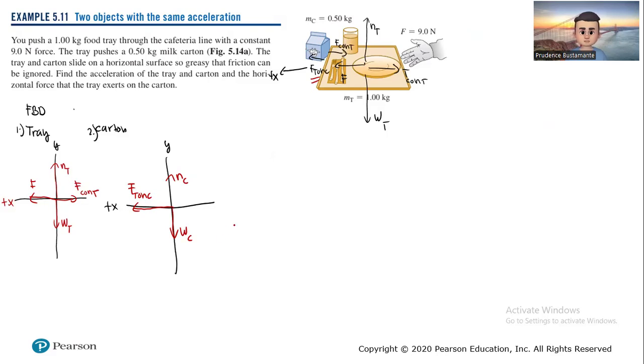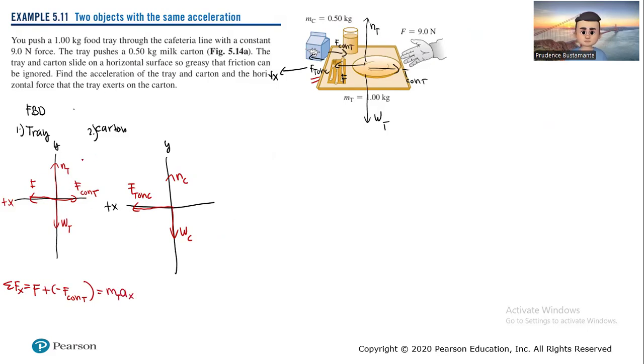From here, the summation of all the forces along x: this one is in the negative axis, this is in the positive. So we have F plus the negative F of the carton on the tray, equal to the mass of the tray times the acceleration.